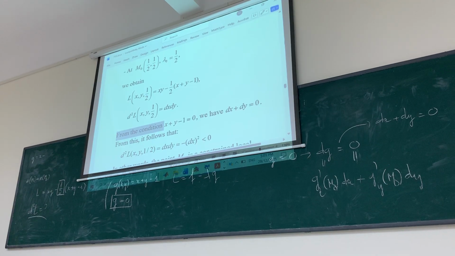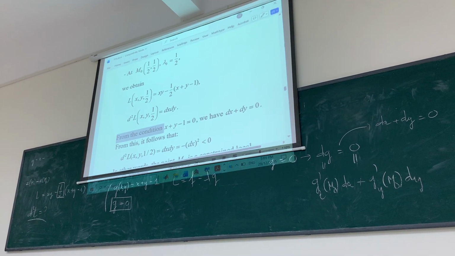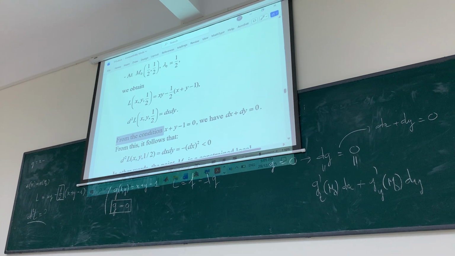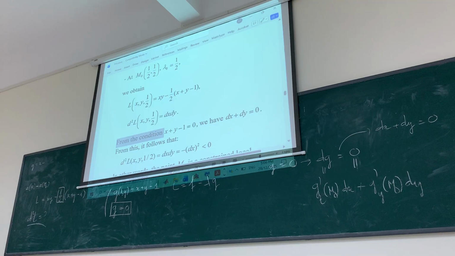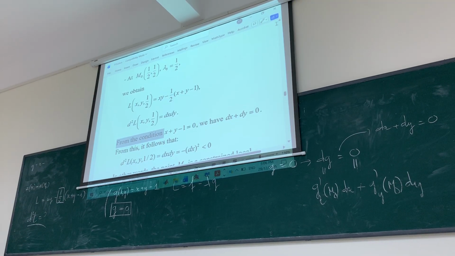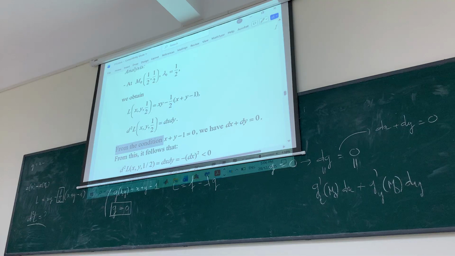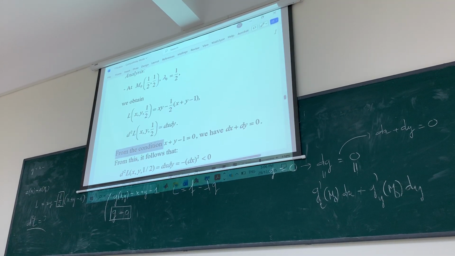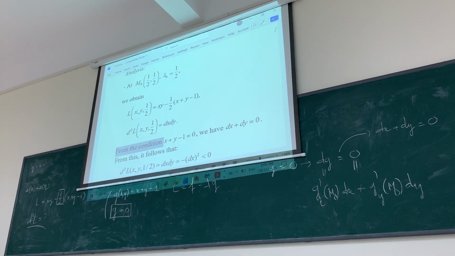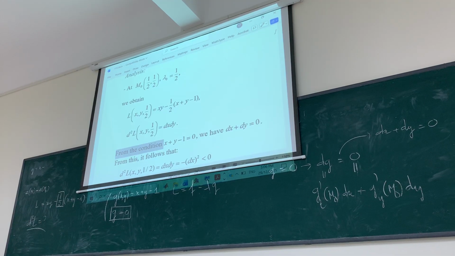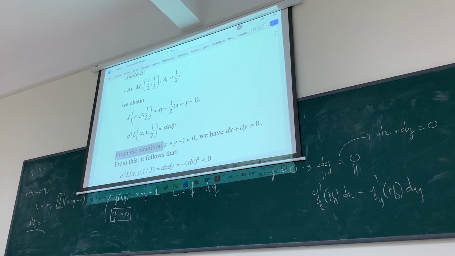D squared L is equal to minus dx squared, negative. This completes the check of the sign of d squared L. Continue, we use some property related to d squared L to imply whether M0 is an extreme point or not.